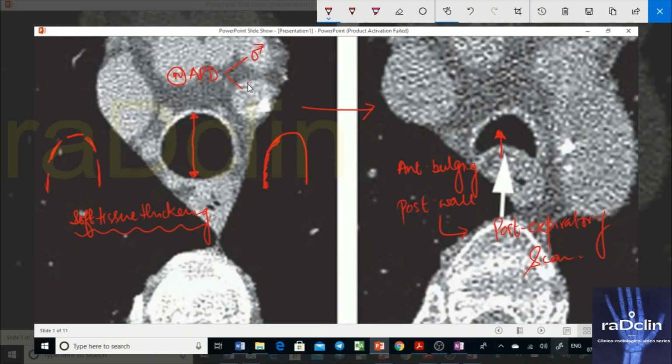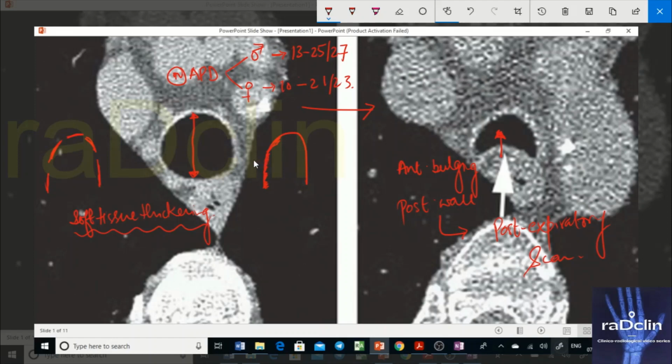is different in males and females. So there is a range, and the range is 13 to 25 or 27 in males, and around 10 to 21 and 23 in females. Now what are these 25 and 27? This is an axial section, and you may also take the diameter in sagittal.